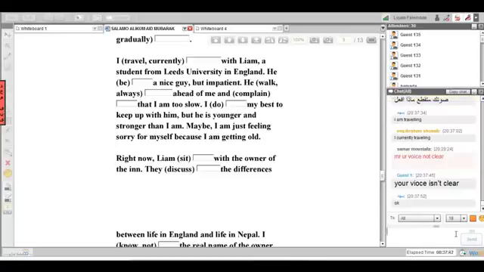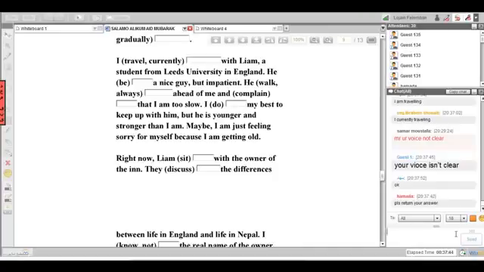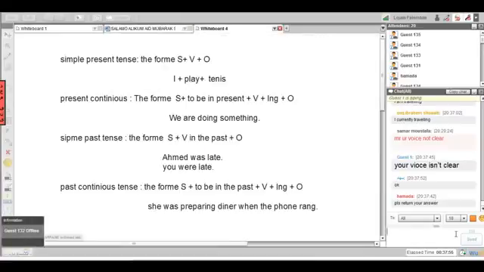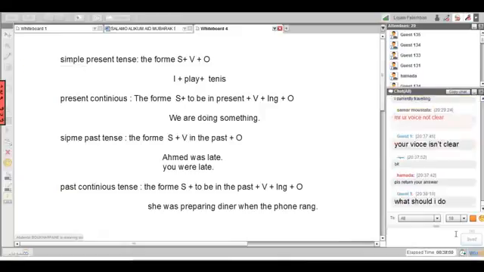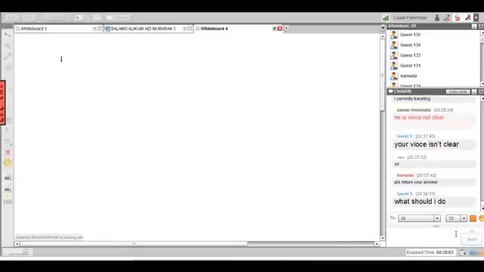So we shall continue. I currently travel with Liam. I travel currently with Liam, or currently with Liam. What shall be the answer in here? Make a refresh if the sound is not good. Okay, what is currently?